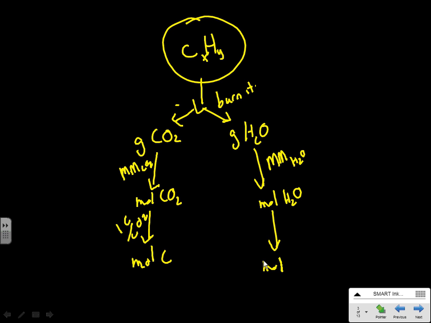And then I need moles of H. And how many H's are in each H2O? Two. Thank you. It is easy. It is simple. Two H's for each H2O. And if I do that, I'll get moles, which won't be really nice numbers, but if I divide by the smallest number, I'll have a nice ratio like all of the empirical formulas that we've done.